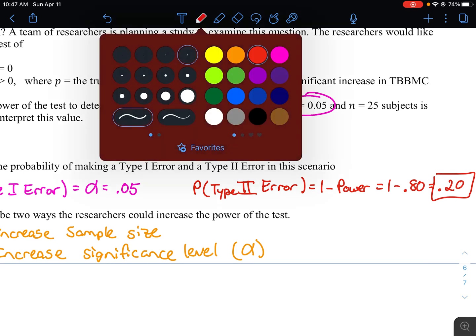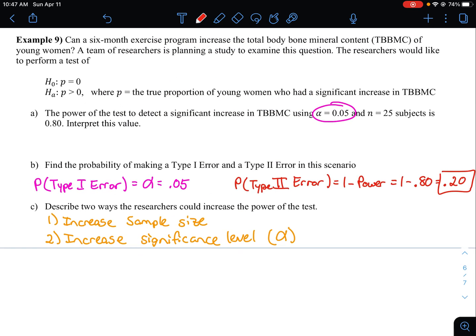And again, it says that the power of the test is 0.8. So probability of a type 2 error is 1 minus the power. 1 minus 0.8 is 0.2. So there'd be a 5% chance of making a type 1 error, a 20% chance of making a type 2 error.